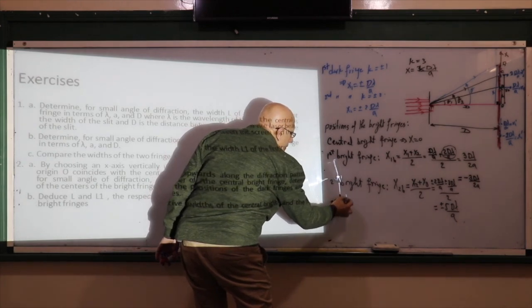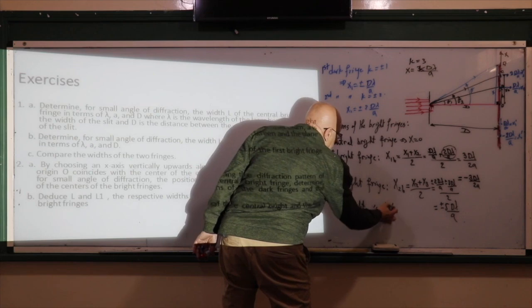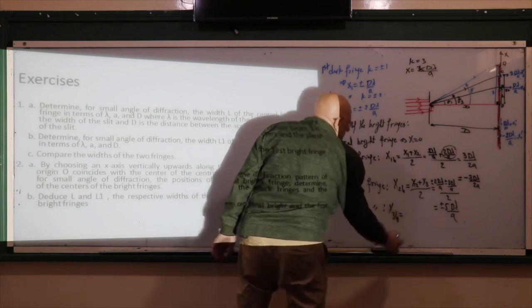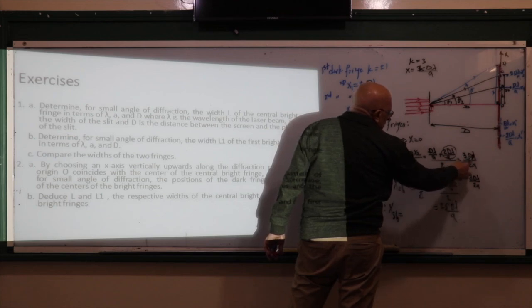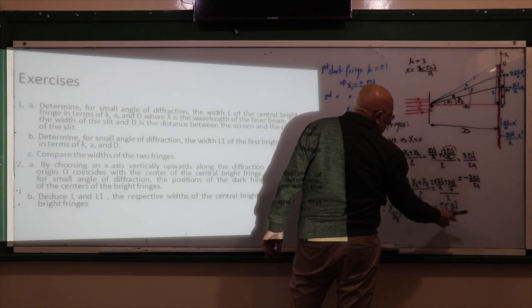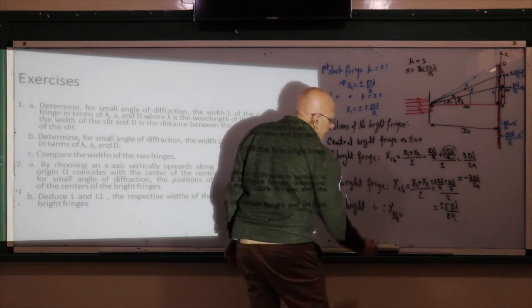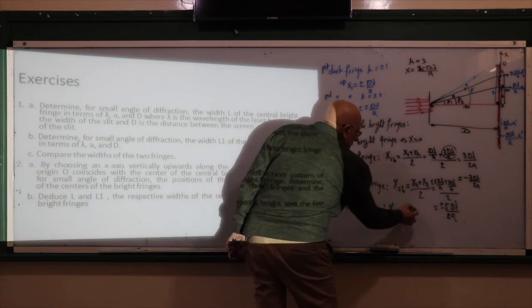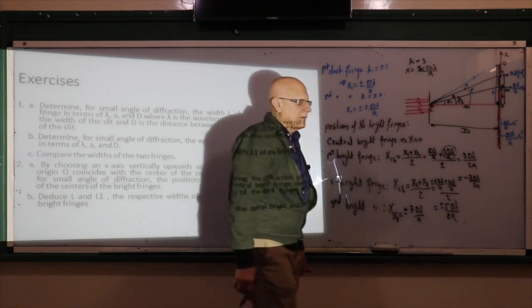Third bright fringe, x3 bright. Okay, notice here you have plus minus 3D lambda over 2a, plus minus 5D lambda over 2a. So you can deduce directly that it is plus minus 7D lambda over 2a.